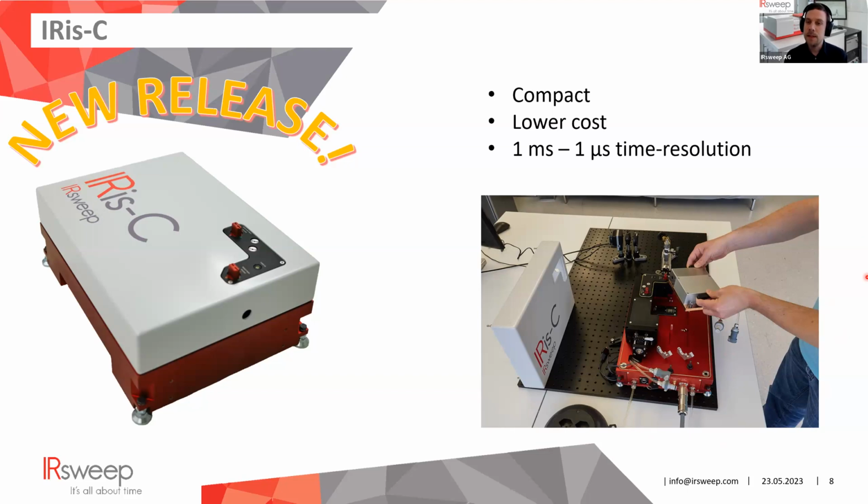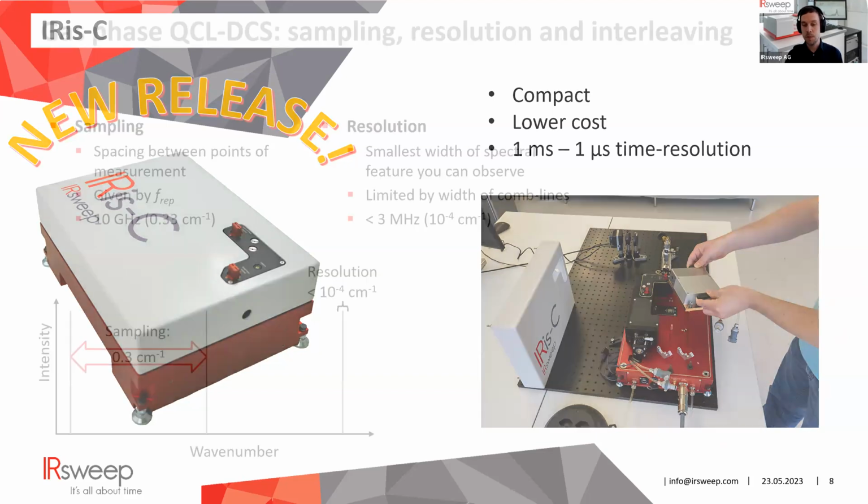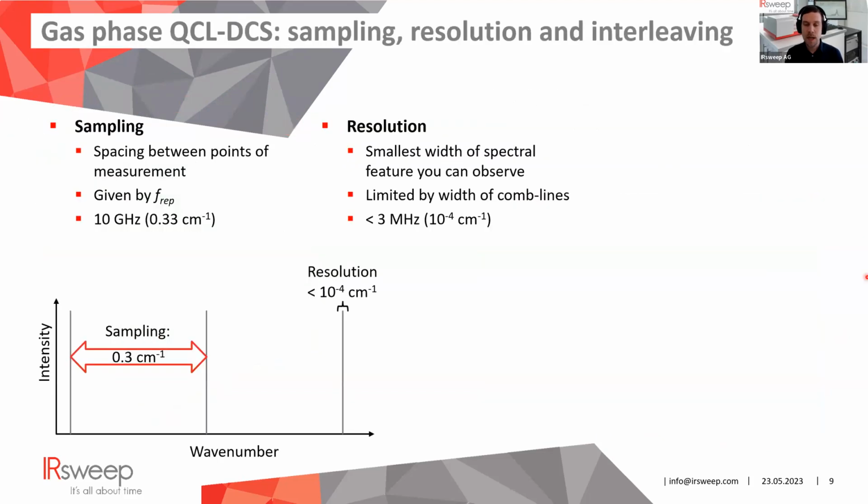Now, after this rather general introduction, I would like to set the stage a bit for the cavity-enhanced work by talking a little bit about gas phase spectroscopy with dual comb spectroscopy. And if you talk about gas phase spectroscopy, we care about two particular parameters. This is, on the one hand, the spectral sampling, and on the other hand, the spectral resolution.